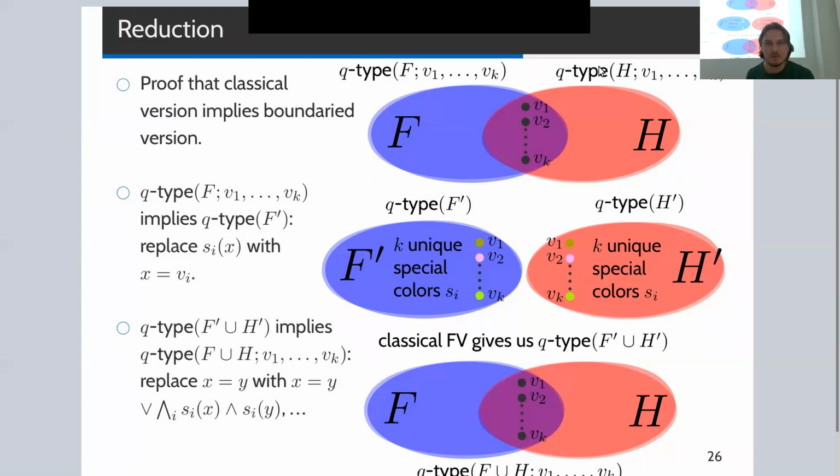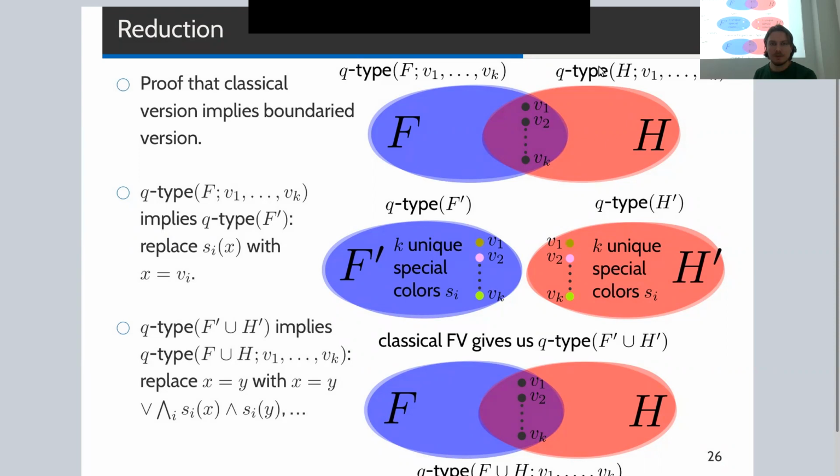It would be wrong on F and it would also be wrong on H. It would then be right if we put F and H next to each other, like red is one color of the boundary. So then it would be correct. But then if we merge again, then it would be false again, right? Because then we merge the two red vertices into one. That's something we have to look out for, right? Yeah, this is something we have to look out for.